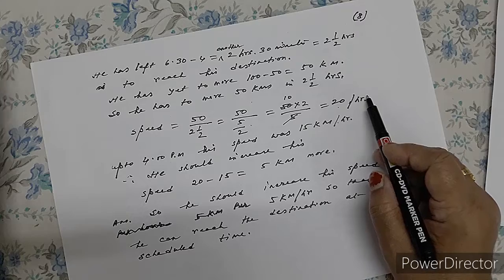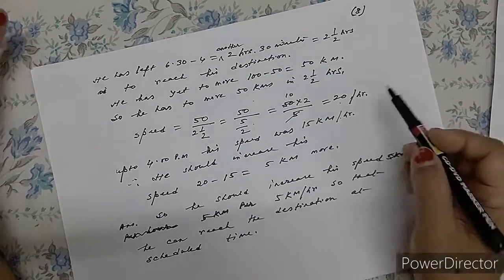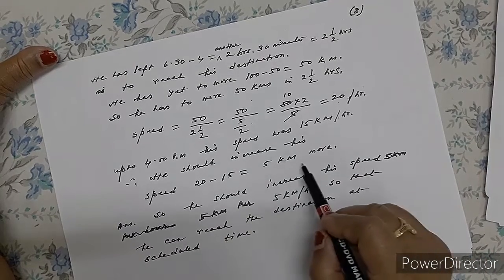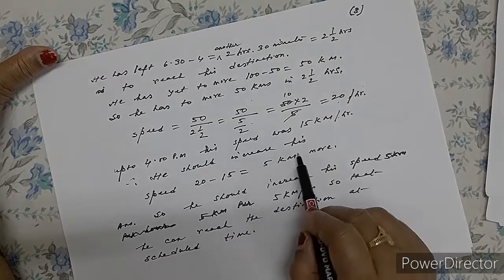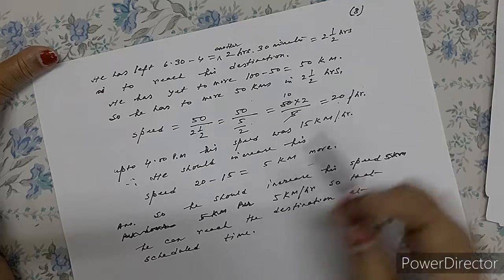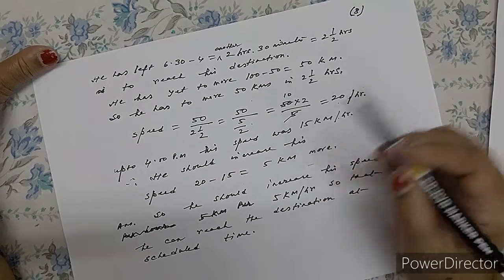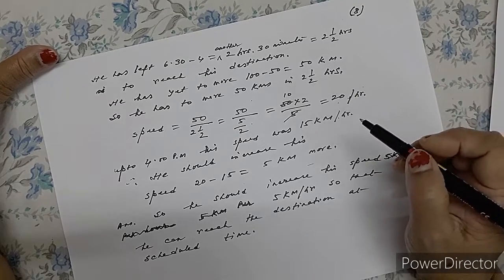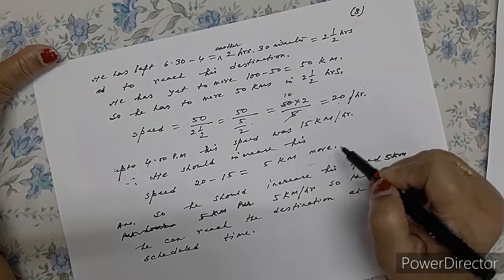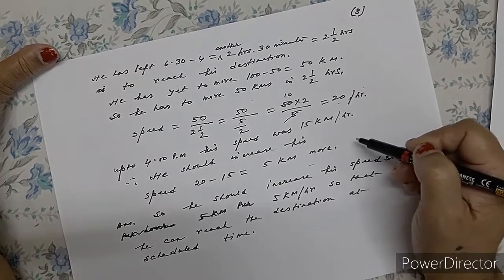That means he should increase his speed. Previously it was 15 kilometers per hour, now it is 20. That means 20 minus 15, 5 kilometers per hour more.